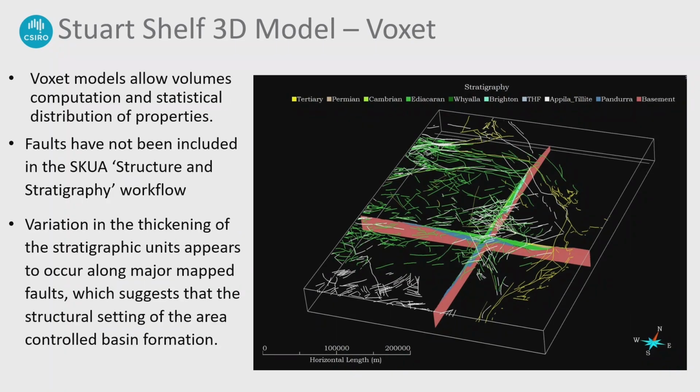It was very difficult to identify the faults that were active and that controlled deposition of the Stuart Shelf. So that's why faults haven't been included. But I like to think that, with this 3D model, this can help in better understanding the role of some faults, along with maybe new data, new AEM data, for example.